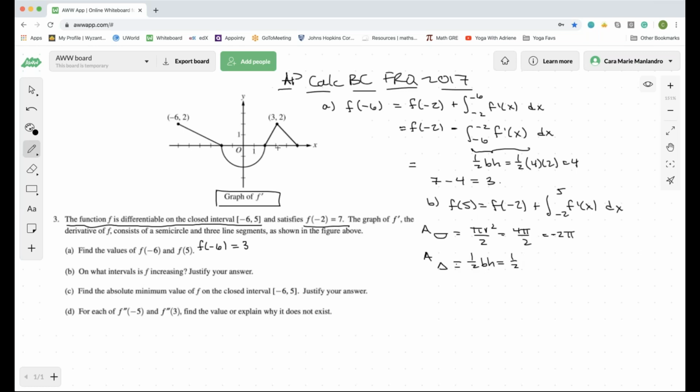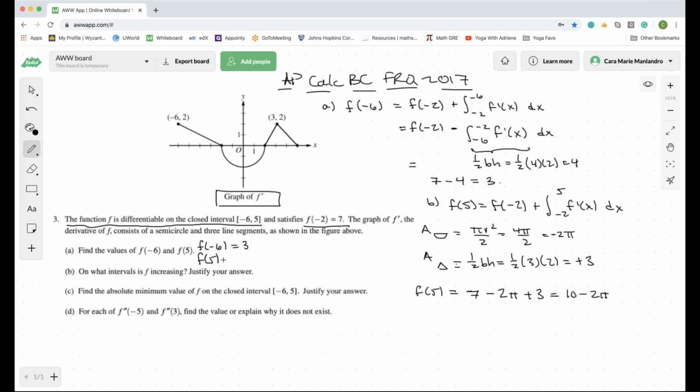The base looks like it's 1, 2, 3, and the height is 2, so this is positive 3, it's above the axis. So if I put that together, f of 5 is equal to the 7 that I'm starting with, minus 2 pi plus 3, so that would be 10 minus 2 pi.